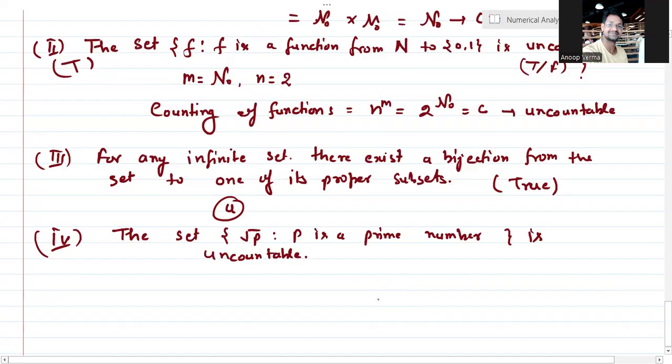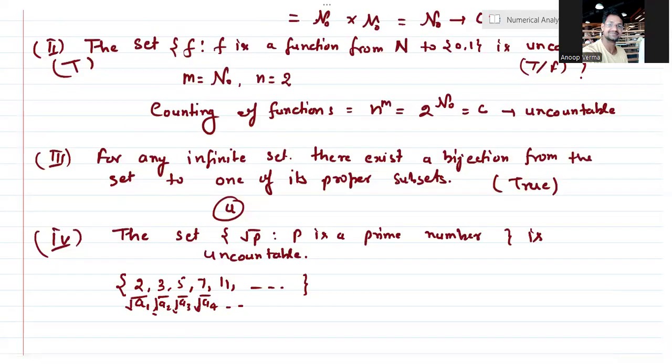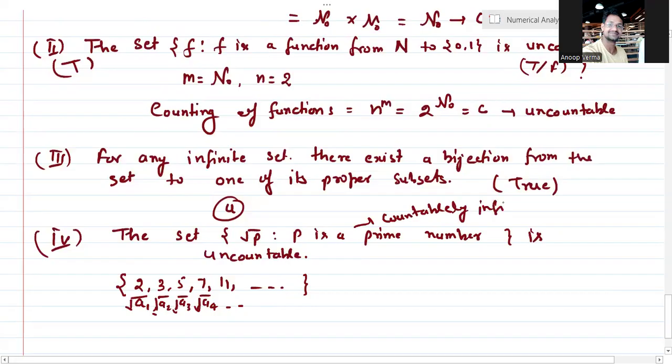Is the collection of roots of all the prime numbers uncountable or countable? We know that the prime numbers are 2, 3, 5, 7, 11, and we can list them as a1, a2, a3, a4, and so on. So we can also list out their roots. So this is a countable set, you can say countably infinite, denumerable. So this is a false statement.